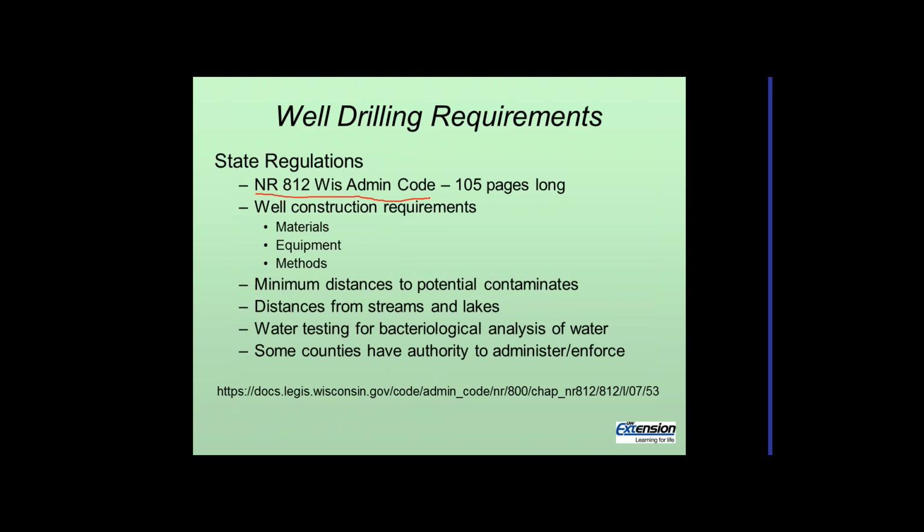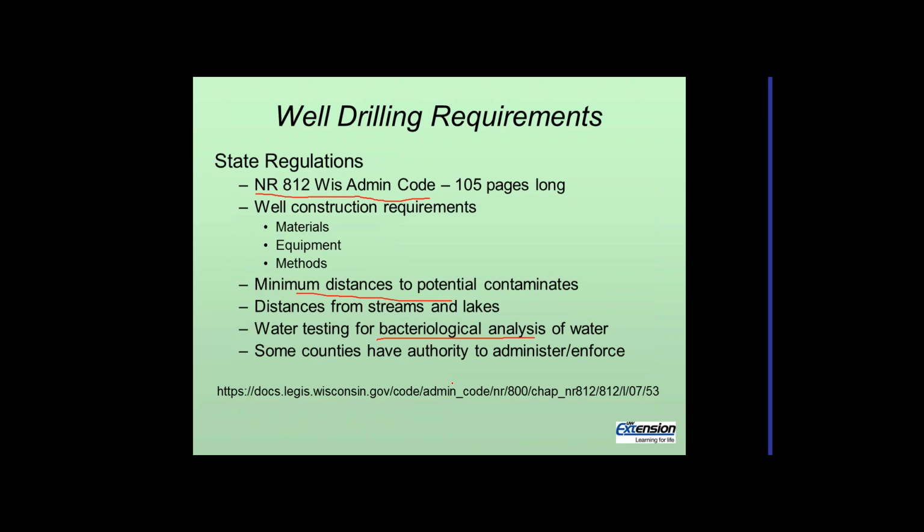It covers materials, equipment, and methods for drilling wells. It also has minimum distances to potential contaminants, minimum distance from wells, minimum distance from streams and lakes, and usually requires some bacteriological testing and analysis for the water.